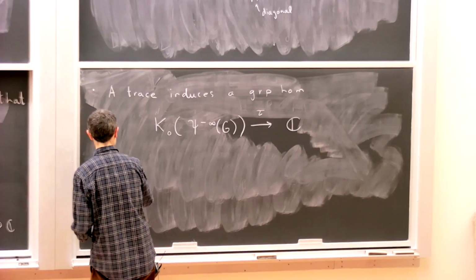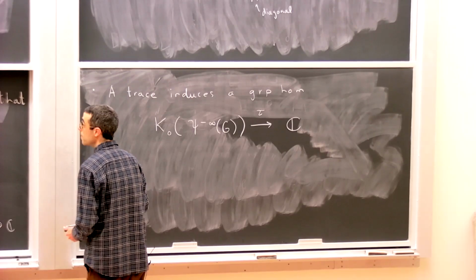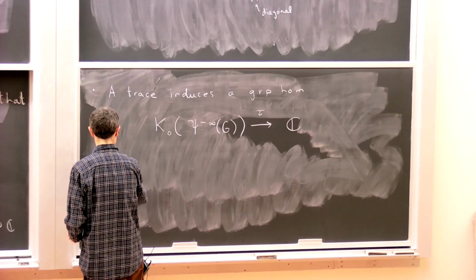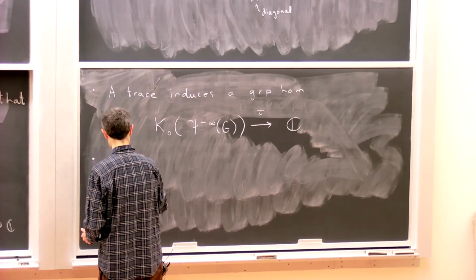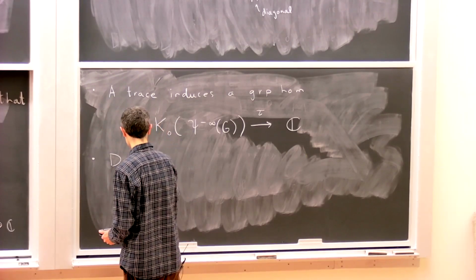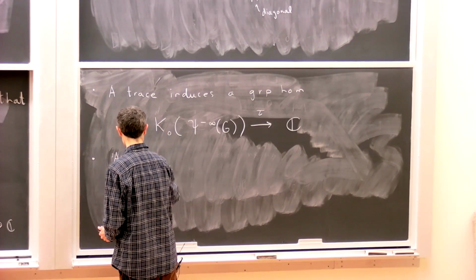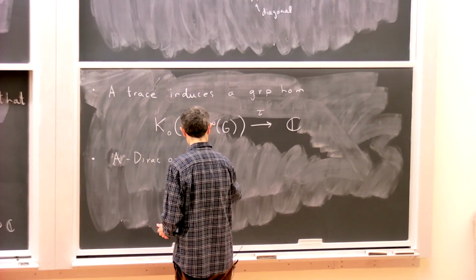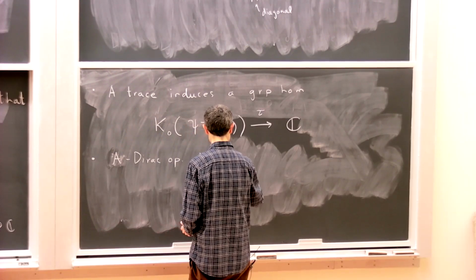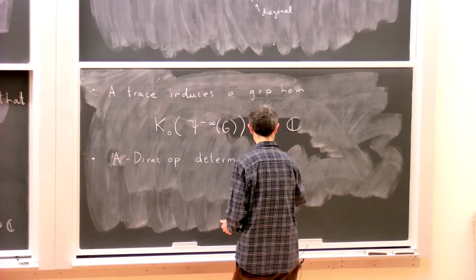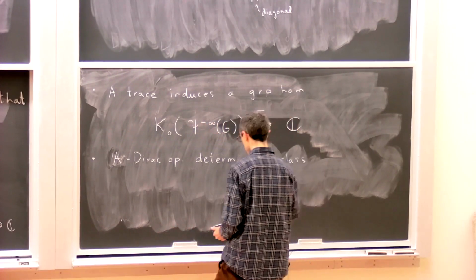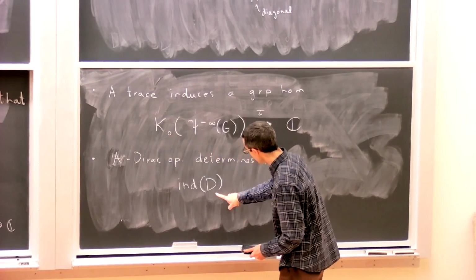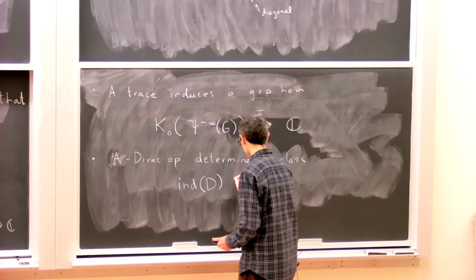The other thing which I'll just state as a fact is that this family of Dirac operators that we have on the source fibers, so maybe I'll call that a Dirac operator D, determines a class in K theory, which I'll call ind D. You might think of it as the index class.